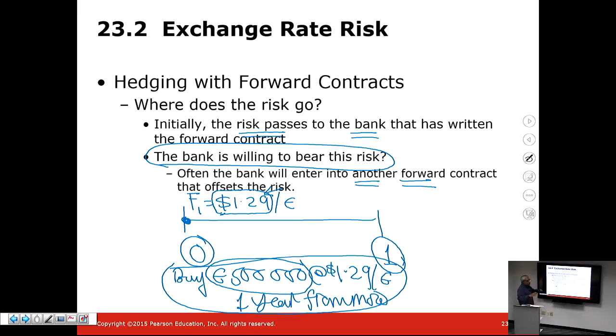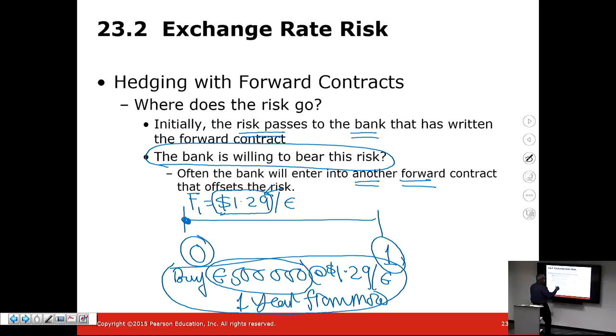So what the bank is hoping to do is buy 500,000 euros from one client in the forward market and sell 500,000 euros to another client in the same forward market for the same time period, and they will make a small profit in brokering this transaction.